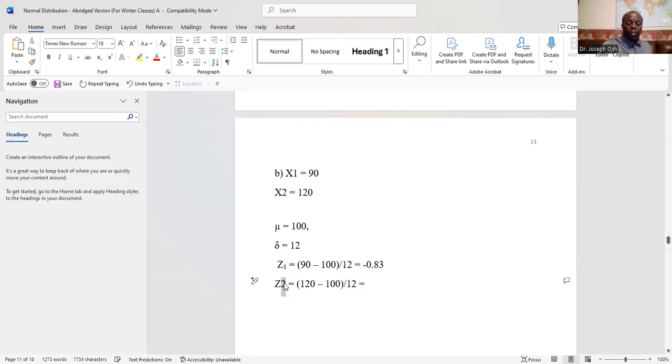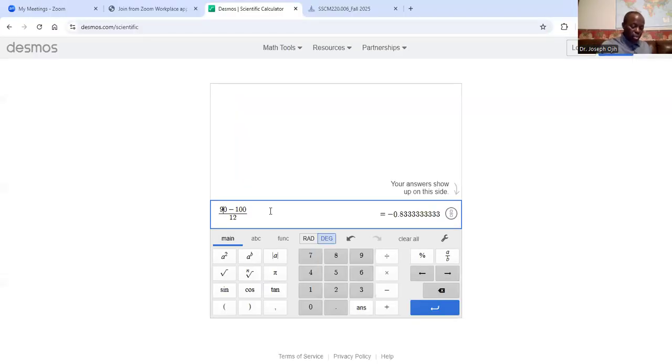I'll make this adjustment: go to the formula for Z2 and change this to 120. That gives 1.67 rounded. Let me check it again. 1.67 right there. Rounded, 1.67.